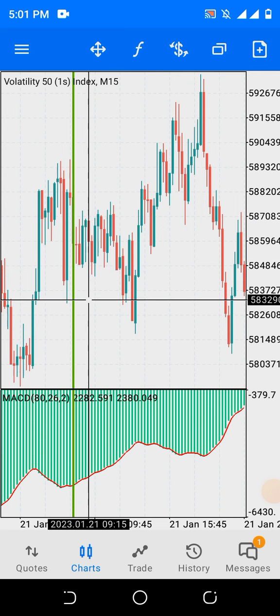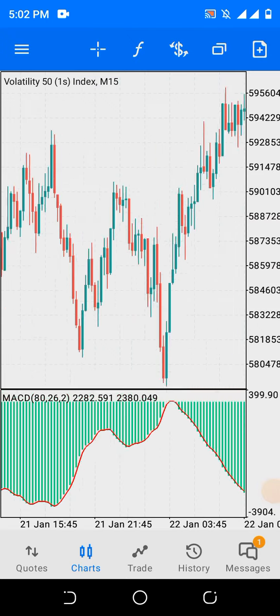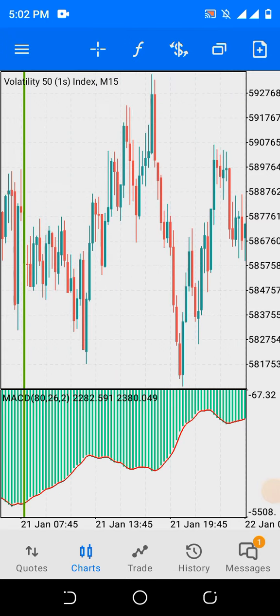From here we start looking for a bullish trend in the 15 minutes time frame to make our entry, so that we follow the market in the same trend. We look at the MACD, where it crosses from up downward, then we make our buy entry.